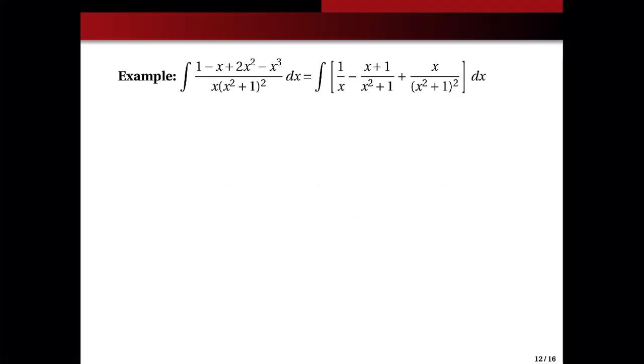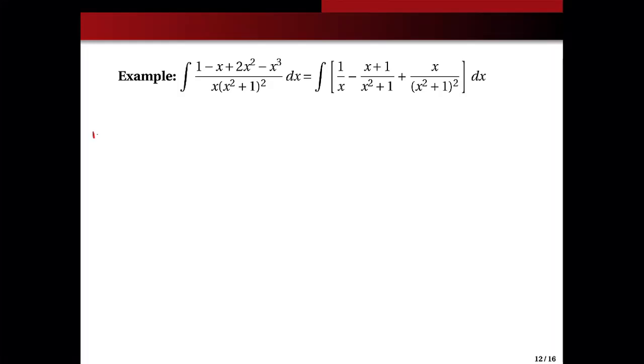You can see there's just 1 over x, then here you have denominator x squared plus 1, and then here you see denominator x squared plus 1 squared. You see that? x squared plus 1 is a repeating quadratic factor. That's why you have the x squared plus 1 and then the x squared plus 1 squared. But let us just derive this guy here.